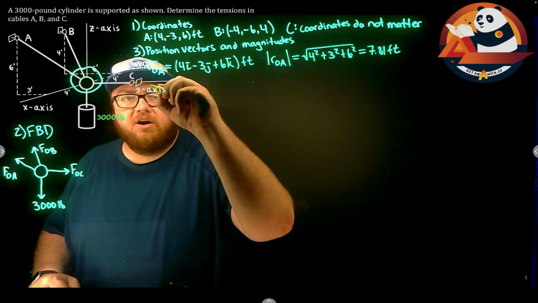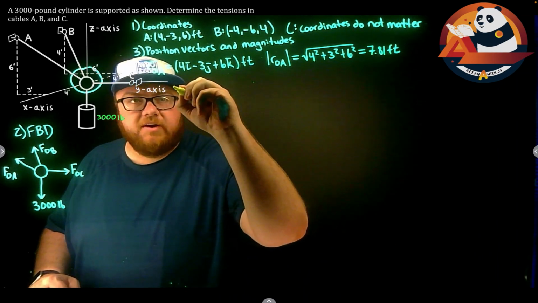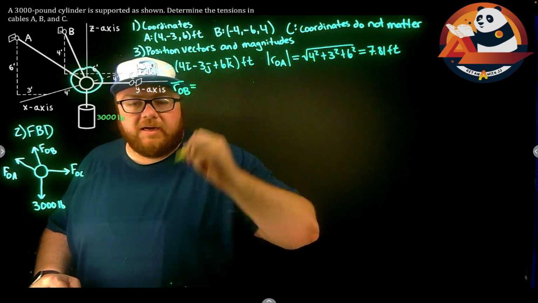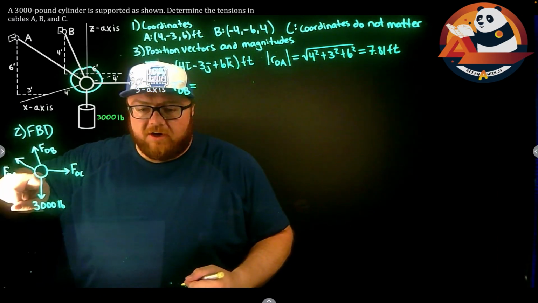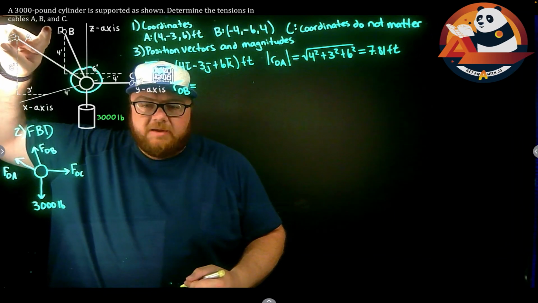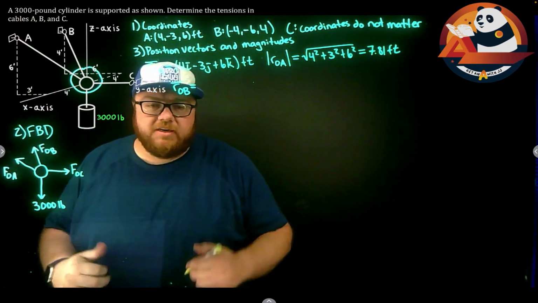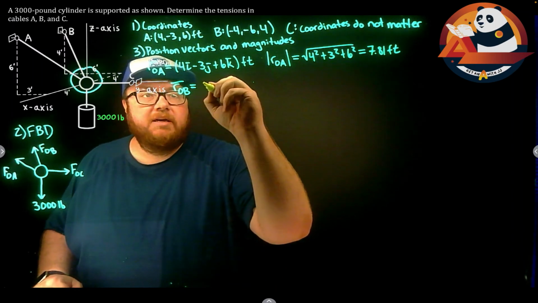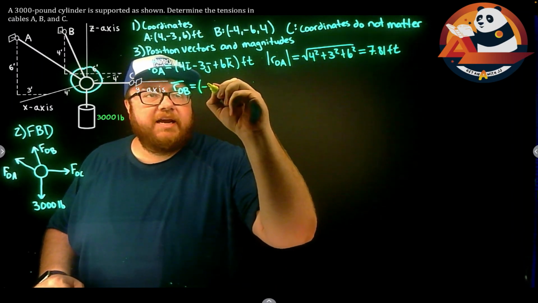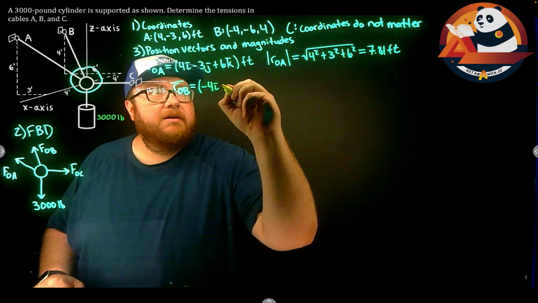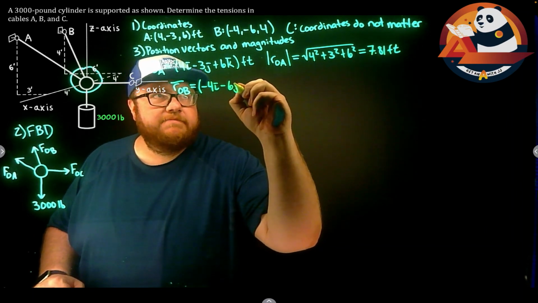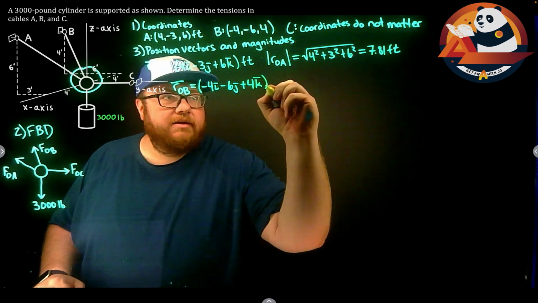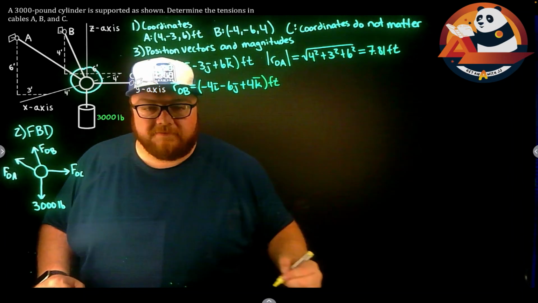So for ROB, making sure I'm not writing on my diagram, we're going from the origin to B. So the tip is at B, the tail is the origin. The coordinates of B minus 0, 0, 0 is just the coordinates of B. So our position vector here is negative 4I minus 6J plus 4K feet.